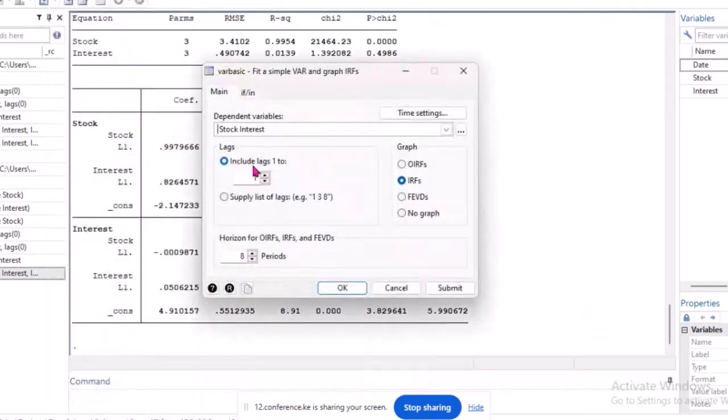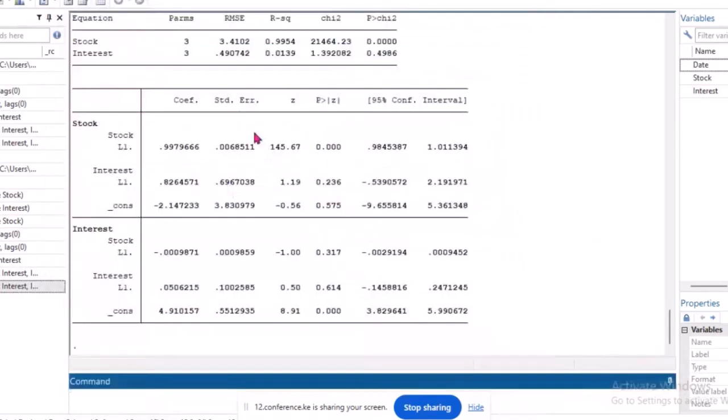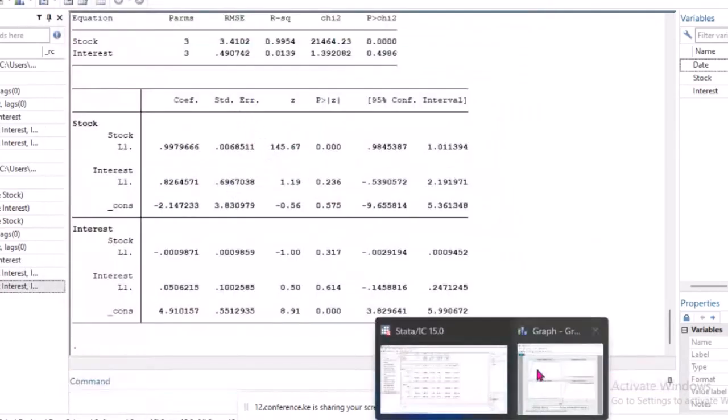But for this case, instead of IRFs, we include the forecast error variance decomposition. So we click on this and we click OK. The same VAR model will be run again, but the graphs will be different.